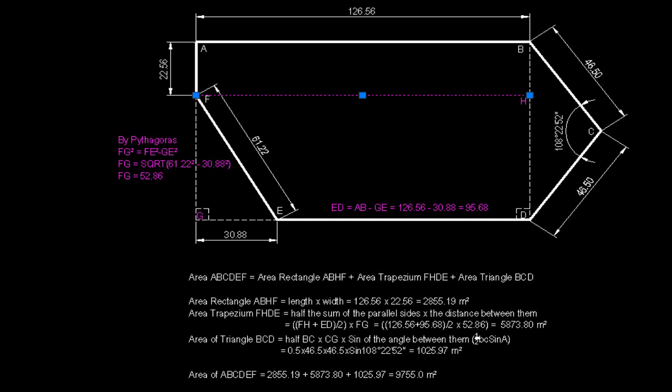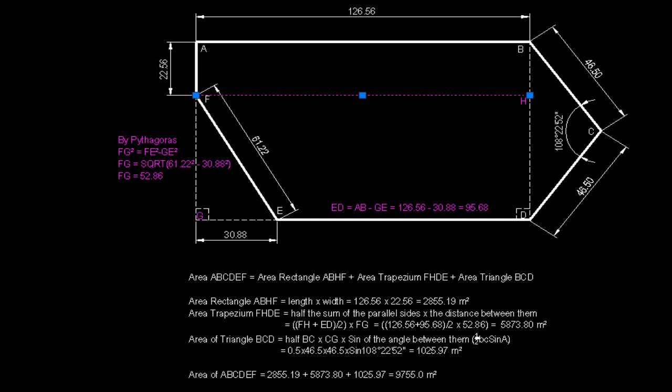We can then add the area of the trapezium FHDE. A trapezium is a shape with two parallel sides, in this case here FH and ED. And then we can add to that the area of triangle BCD.